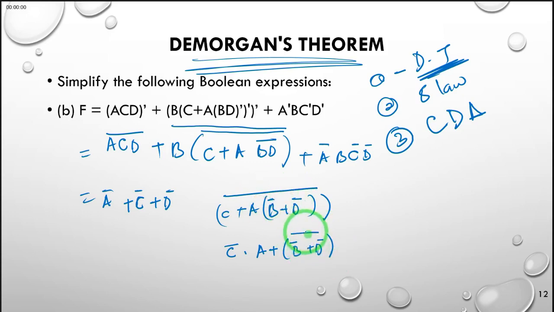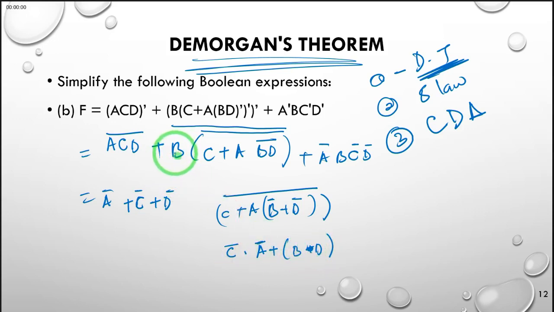Again, when we break this up, it will become dot, and this will become 2 bars. Whenever you have 2 bars, they are equivalent to no bars at all. So I remove these 2 bars. So what we have now is C bar dot A bar, or B dot D.